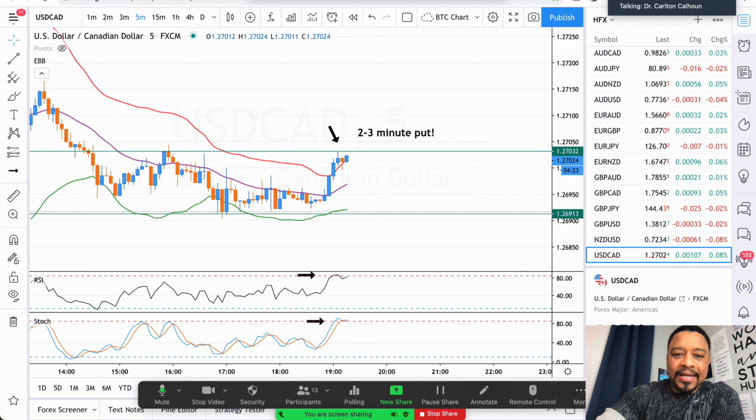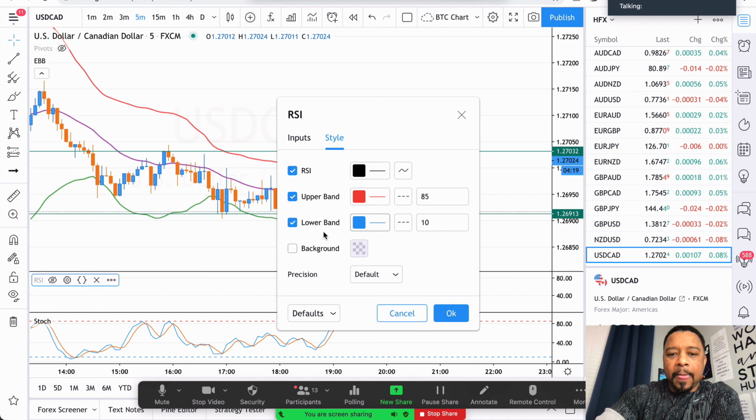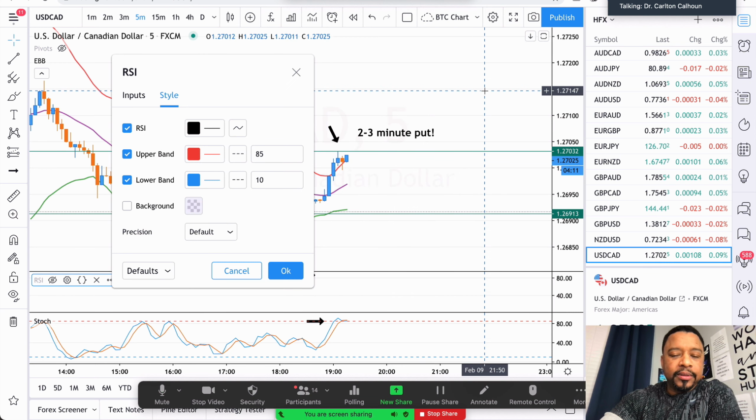I'll give you my settings. My upper band is 85. My lower band is 10. The colors don't matter. I've seen people ask, what colors should I use? Whatever you like. It's like dressing up. You wear whatever colors you like.